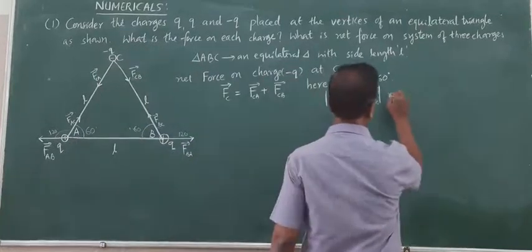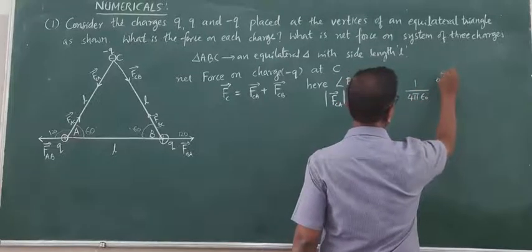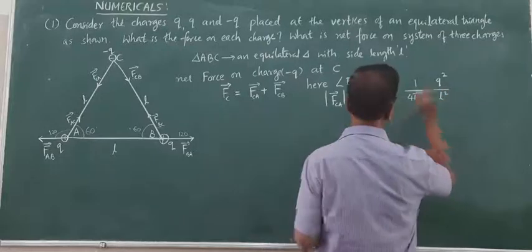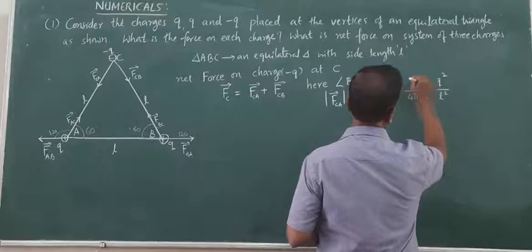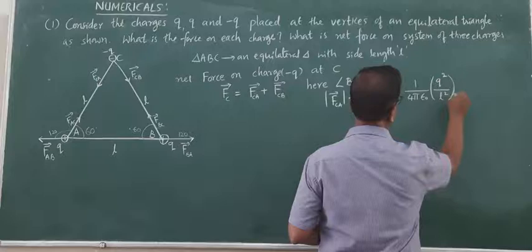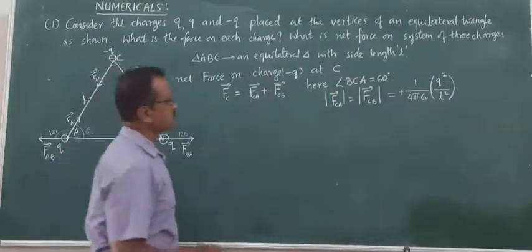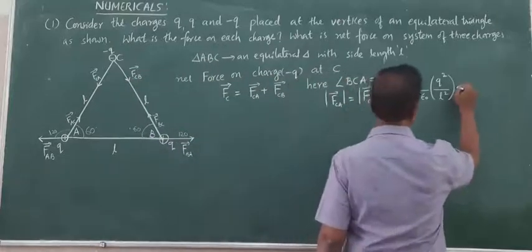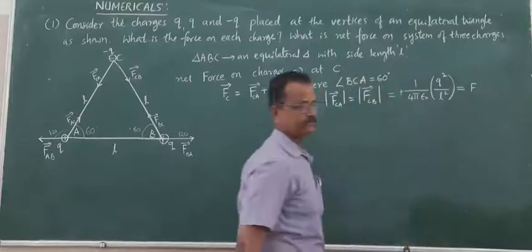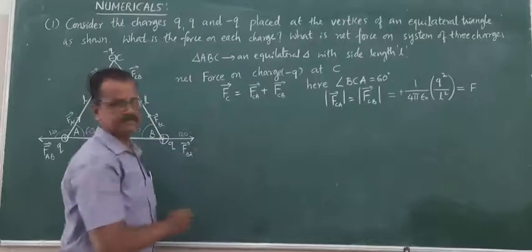So I will write here magnitude as 1 upon 4 pi epsilon naught Q square upon L square. I am taking magnitude, therefore it is positive value. So magnitude is same. Let us take this magnitude as F. So I can substitute this F and calculate what is Fc.